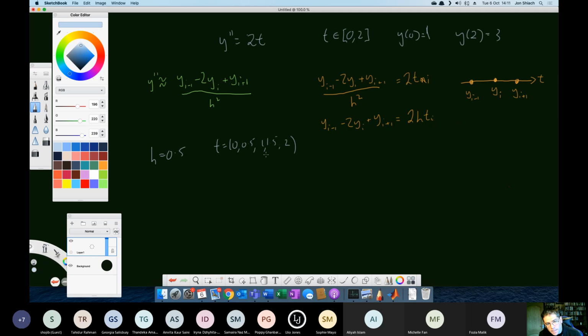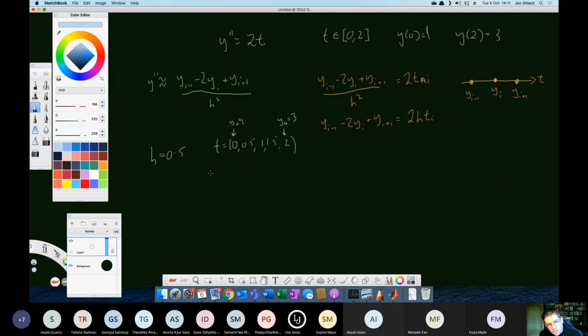For y0, we know what that solution is: the solution at t equals 0 is 1. So that's going to be 0, 1, 2, 3, 4. So that's going to be y4, and that solution is 3. So this is going to be y1, y2, and y3.